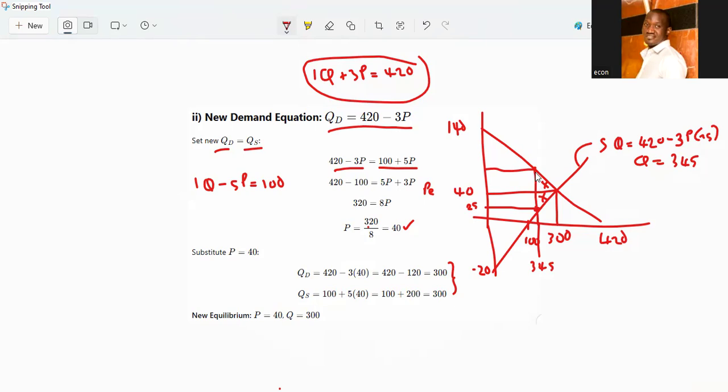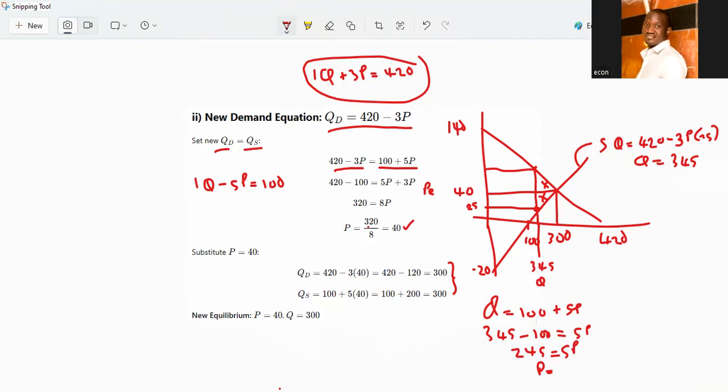Then we go up to touch the demand function here. Since this is now our quantity, we go with this quantity on the supply function. So quantity was equal to 100 minus 5p. Where there's quantity, we put our 345. So this 345 comes here, minus 100 will be 245, is equal to 5p. So you're going to have 245 divided by 5, to calculate the price.